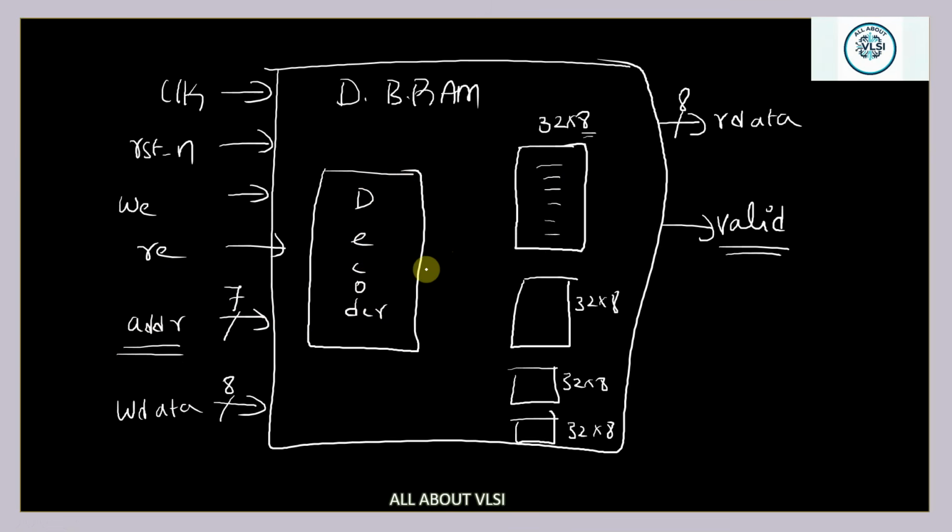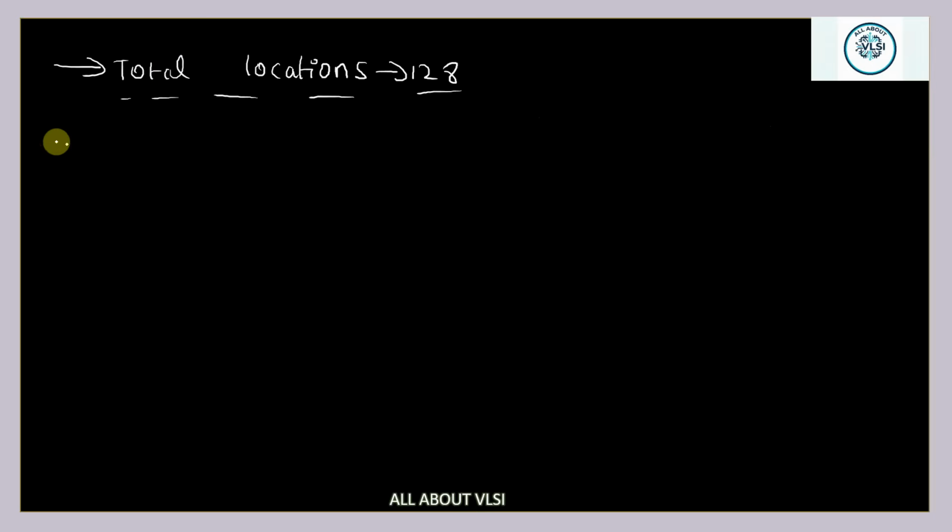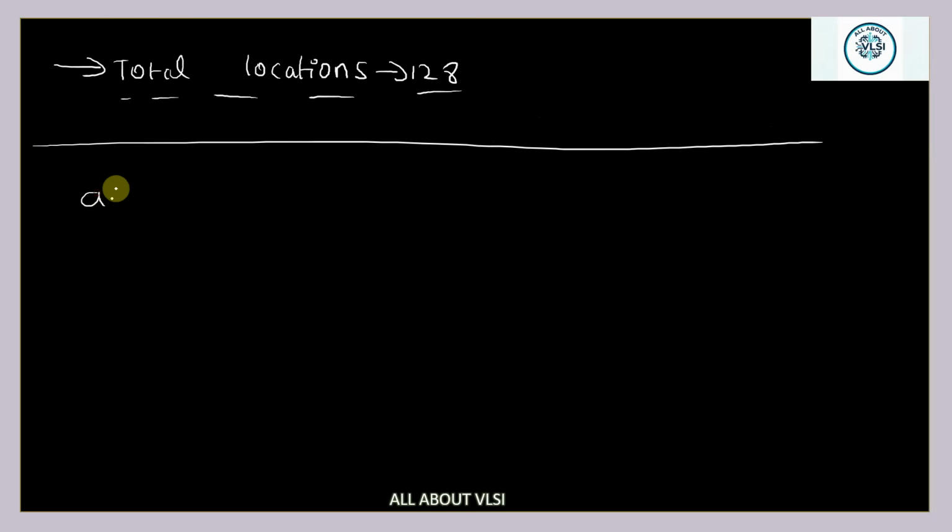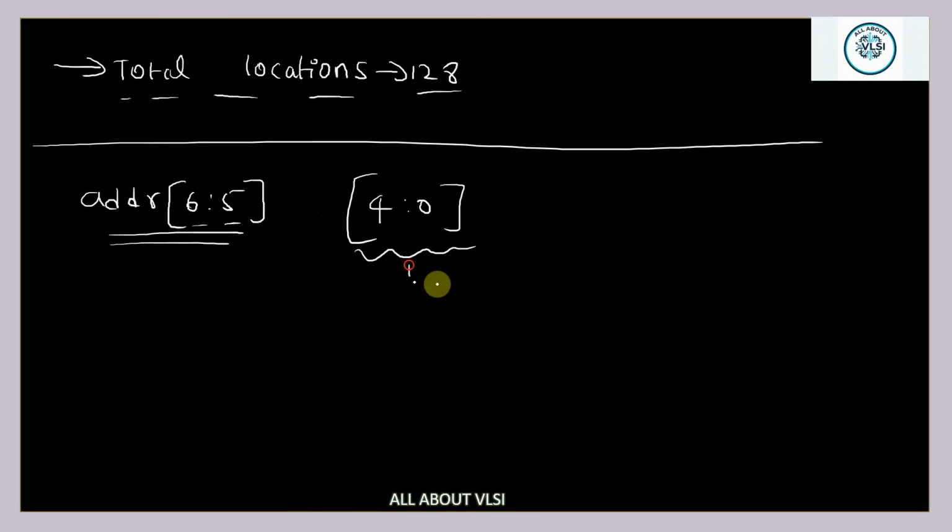Address bits from 6 down to 5, the MSBs, are used for decoding the block, and the remaining bits, from 4 down to 0, that is 5 bits, are used for selecting the memory location.